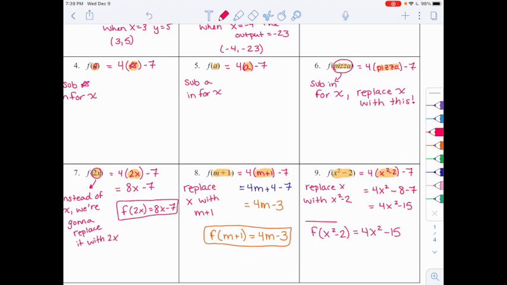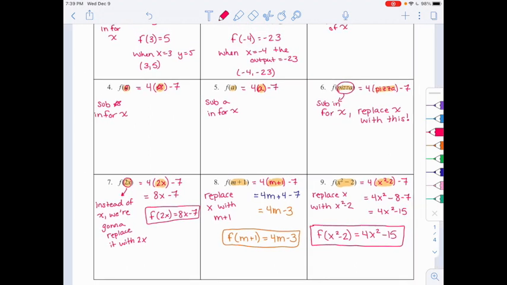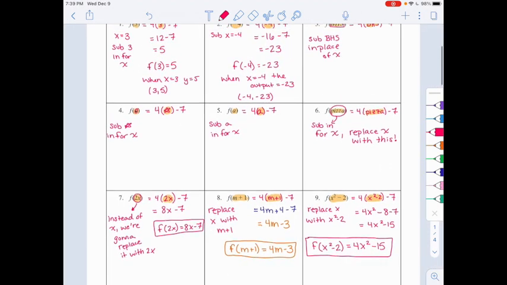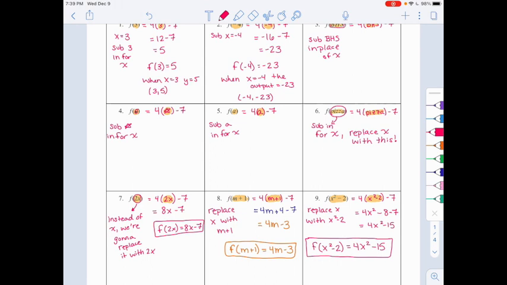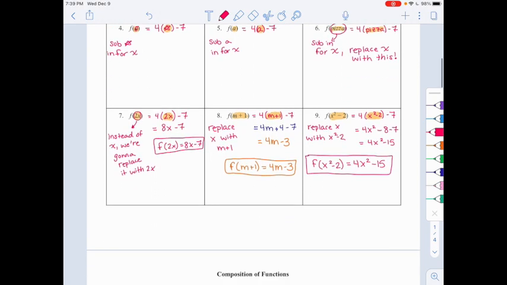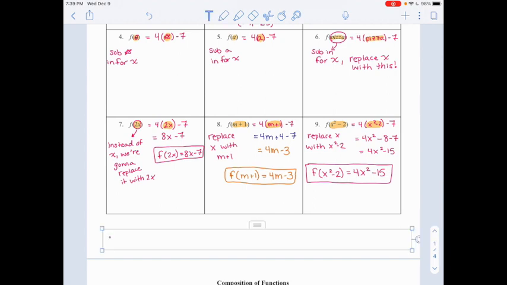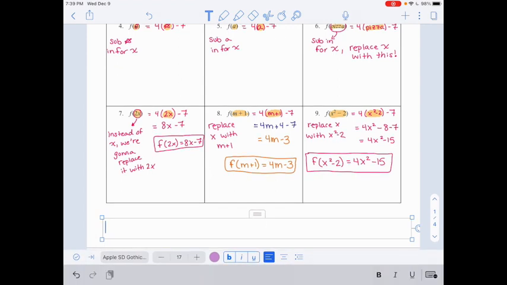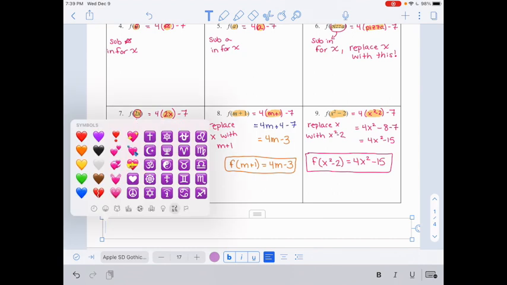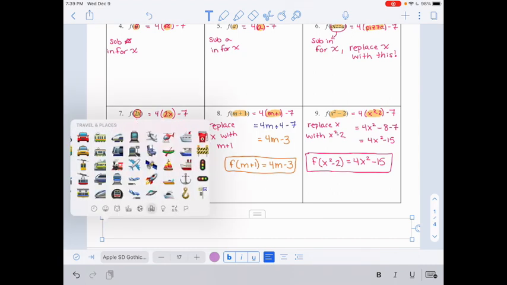And again, the whole point here is to show you that I can replace x, or my variable, whatever it happens to be, it's typically x, but I can replace my variable with anything that I want. Anything I put inside those parentheses, I can replace my variable with. Right? I can even do f of smiley face. I can take an emoji. Let me type an emoji here. Let's see.